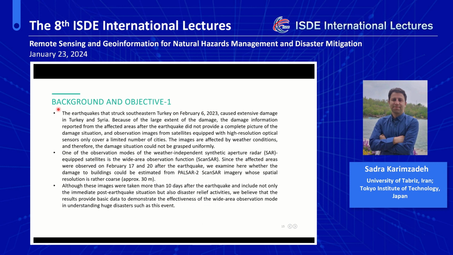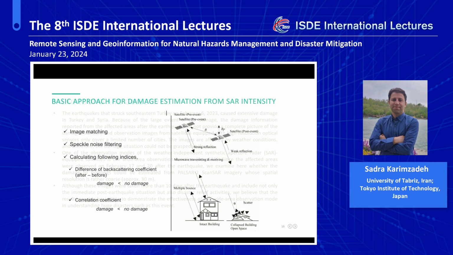Well, for the Kahramanmaraş earthquake, we also used intensity information, as I told you before. Here is the basic approach, and the figure shows details. You see, if you have a pre-event situation and an intact building, you have a double bounce and a strong reflection.